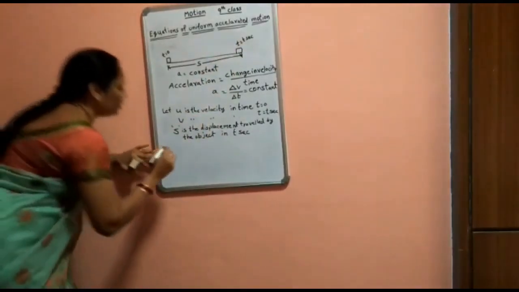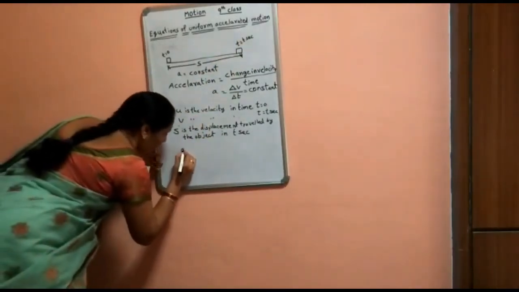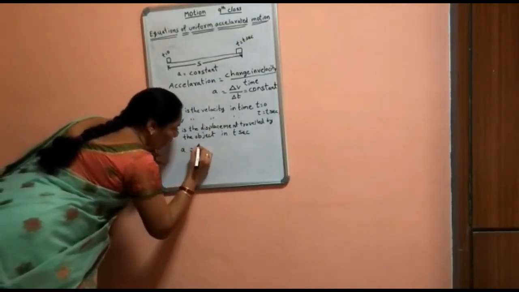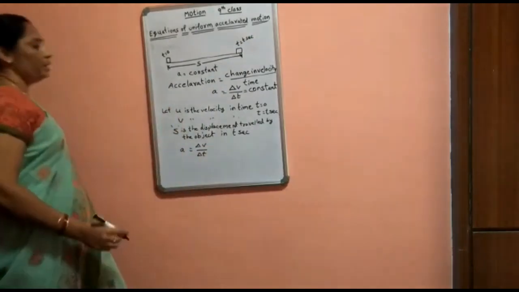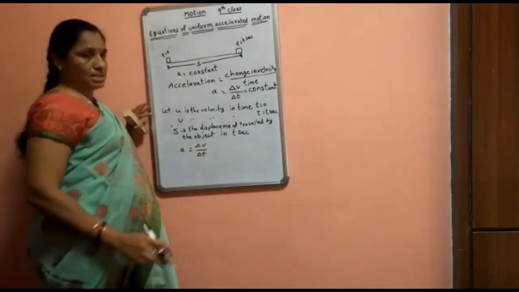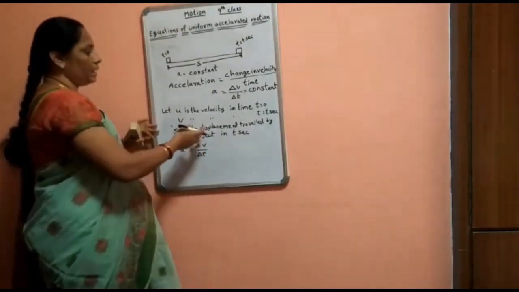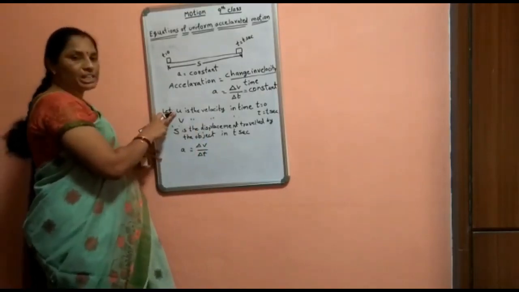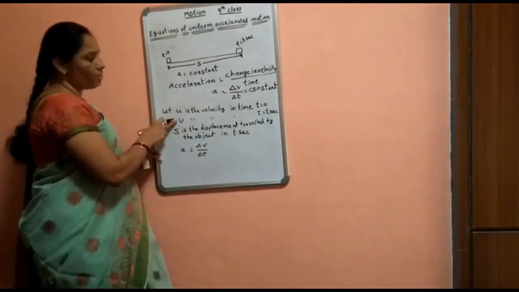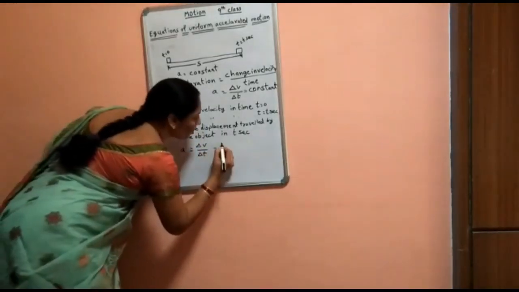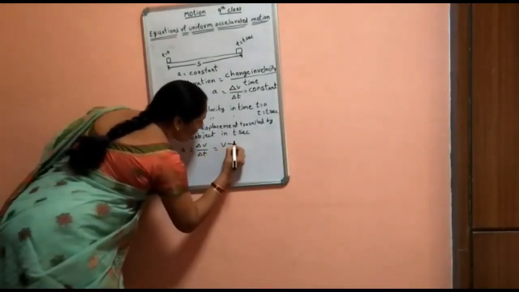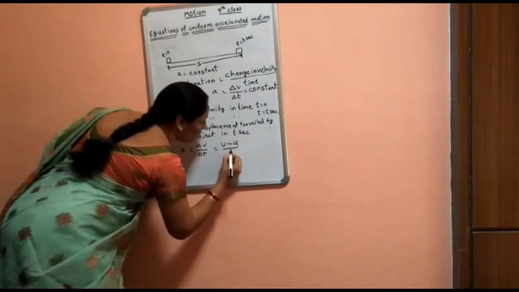We know that acceleration a is equal to delta v by delta t. Here this is the initial velocity and this is the final velocity. Delta v means v minus u, by t.